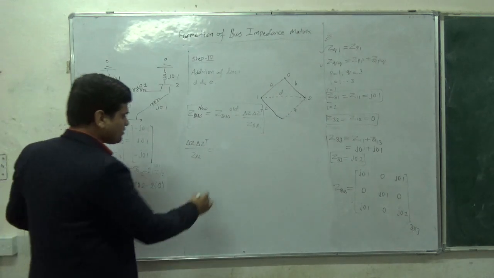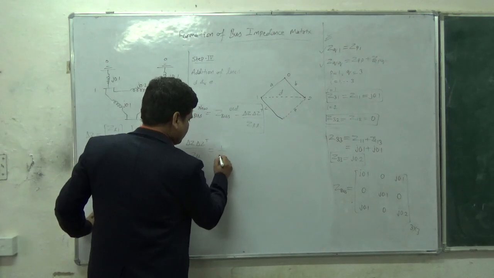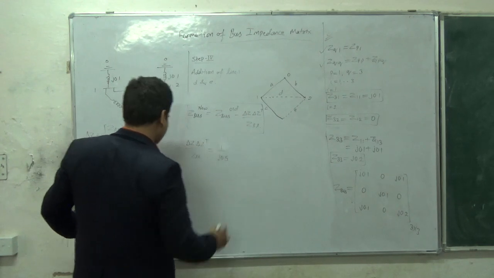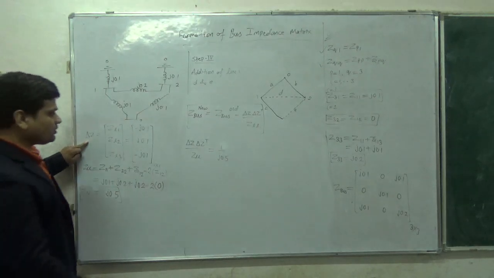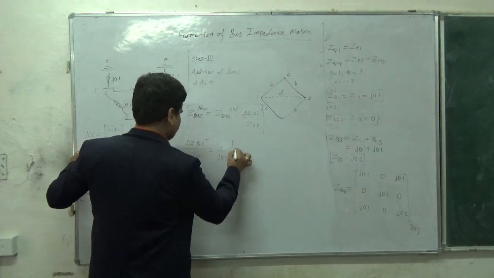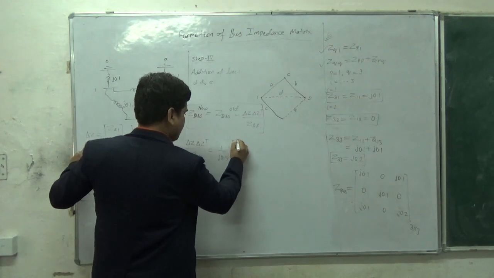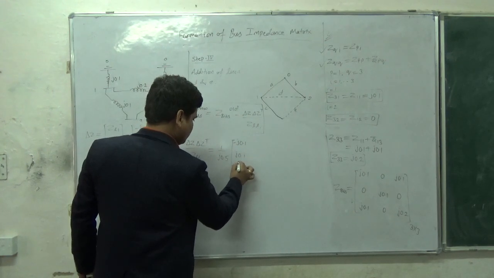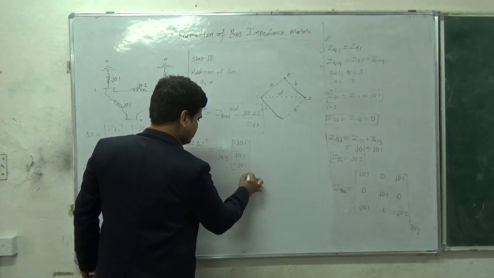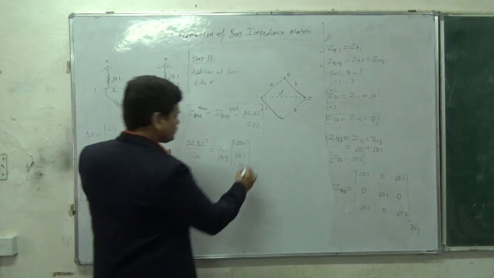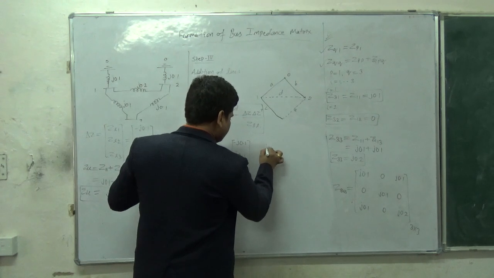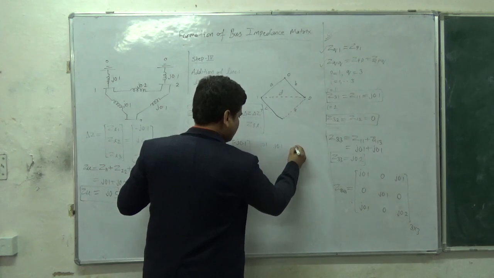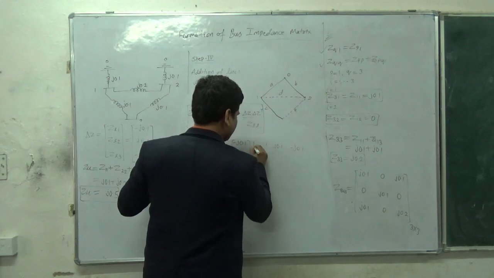It is 1 by 0.5. Del Z matrix is what? Minus J 0.1, J 0.1, minus J 0.1. Its transposed is minus J 0.1, J 0.1 and minus J 0.1.